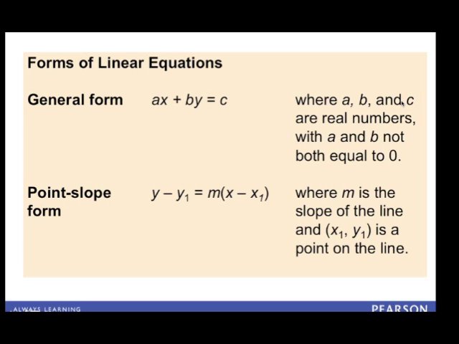So the general form of a line is ax plus by equals c. A, b, and c are real numbers. A and b are not both 0. The point-slope form is y minus y1 equals m times x minus x1, where m is the slope and (x1, y1) is a point on the line.